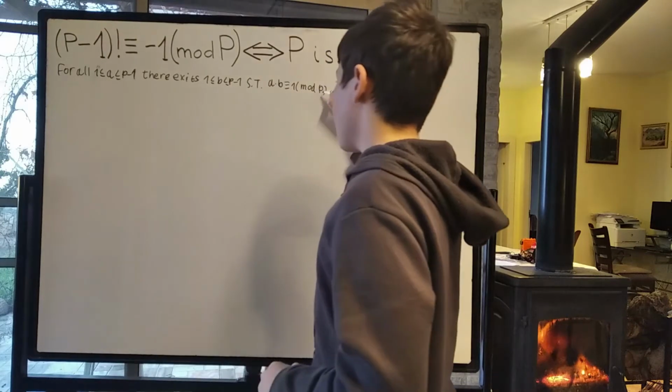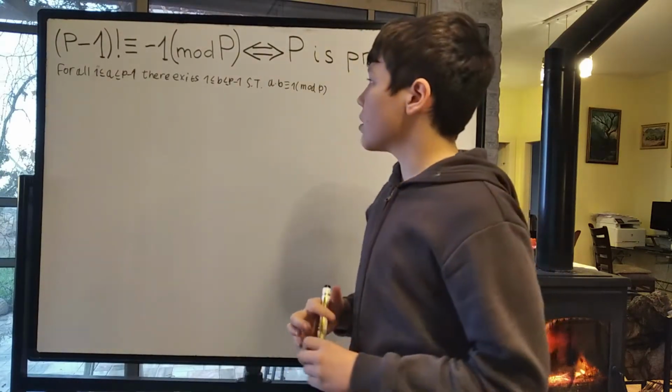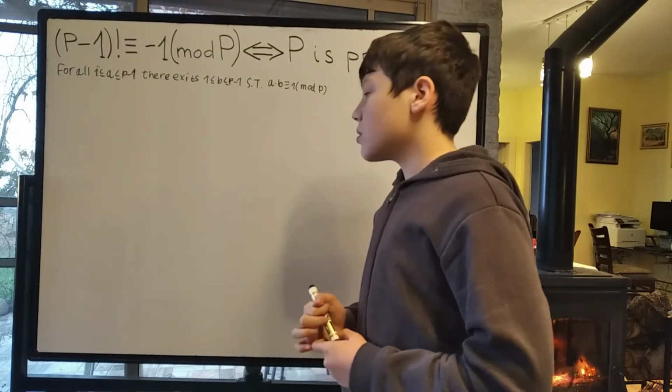And of course, p is prime. And I should say that it doesn't just exist, there is one unique b that exists. So keep that in mind.